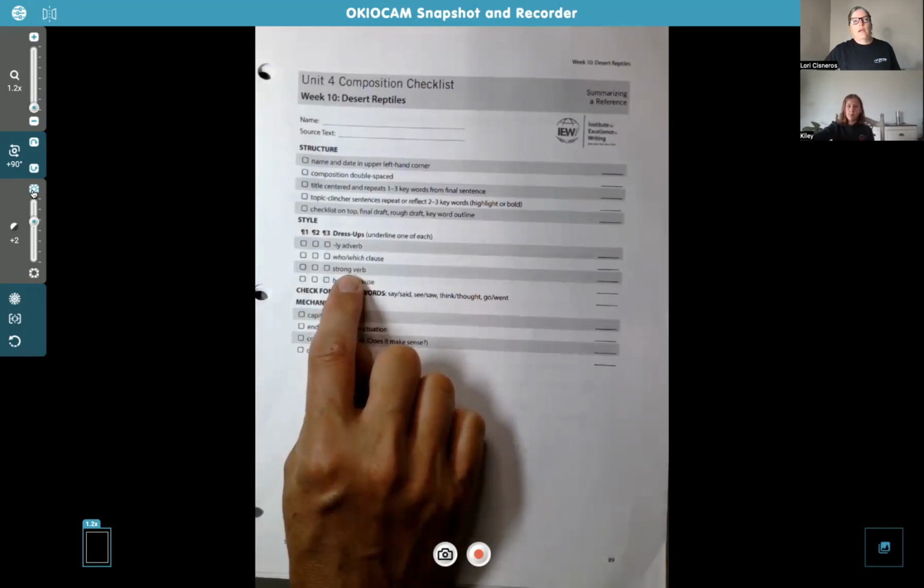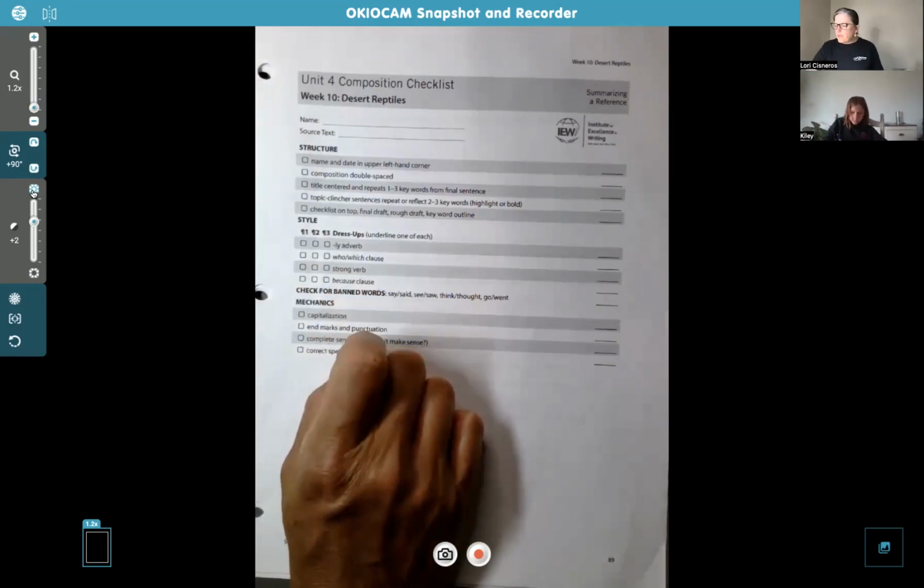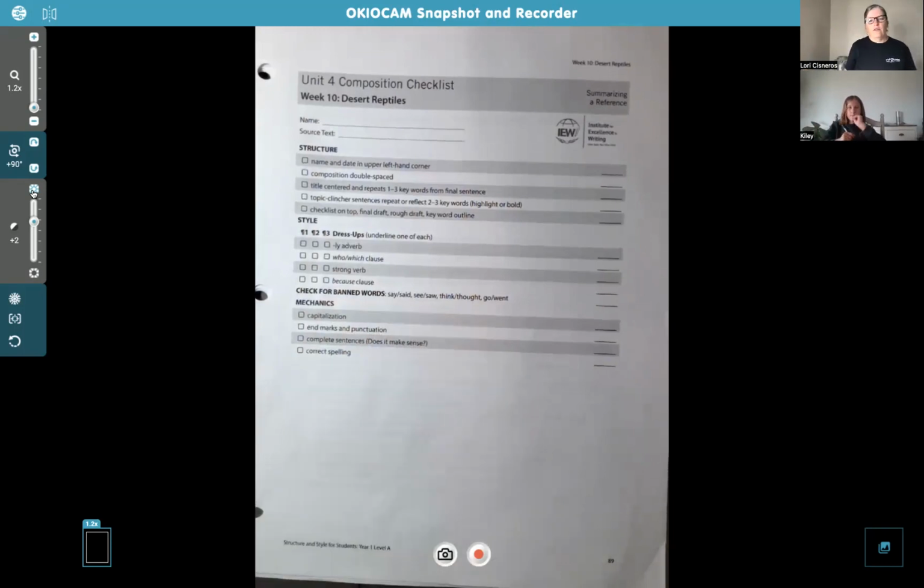So in that sentence, the word bite would actually be the verb. And it's a pretty strong verb, even though it's a simple word, because it's describing really what it does. It bites, it attacks. So I would underline the word bite for that strong verb. And then you've got all 4 of your dress up words.